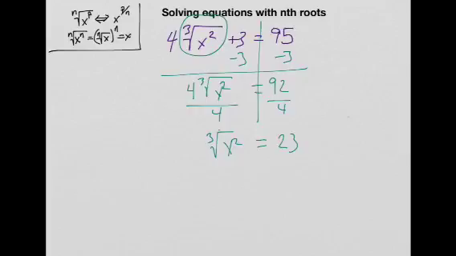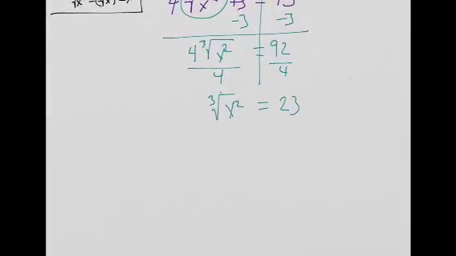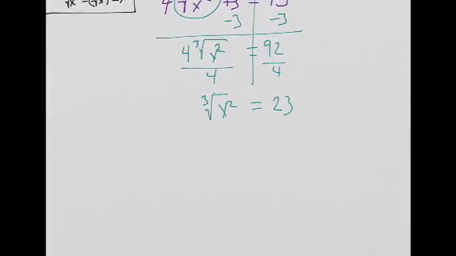Now here's really where we can break it up into two methods to try to solve this. So, first method is working with it in radical form. So I'll come over here, cubed root of x squared equals 23.